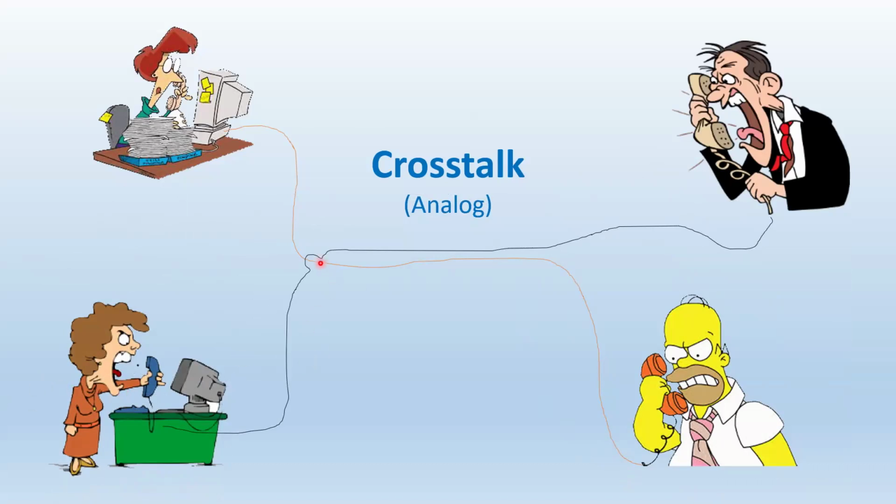And somewhere along the line, those wires run together over a certain distance. Well, that crosstalk can happen between those two wires, between those two conversations, so that these two people might actually hear those two other people's conversation.